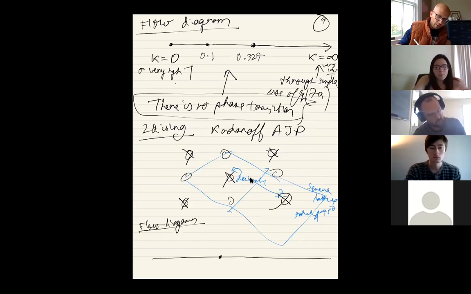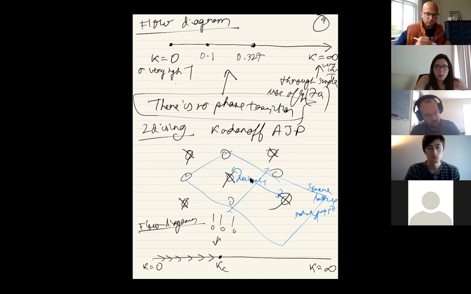You get a value of the coupling constant Kc. And depending on which side of the flow diagram you start from, you will not be able to go across Kc. So here, we will be able to move from K equal to 0 till Kc. And again, this is interesting and you have to go see Kadanoff's paper to really see why this happens.